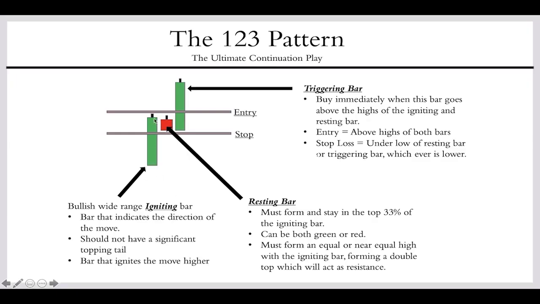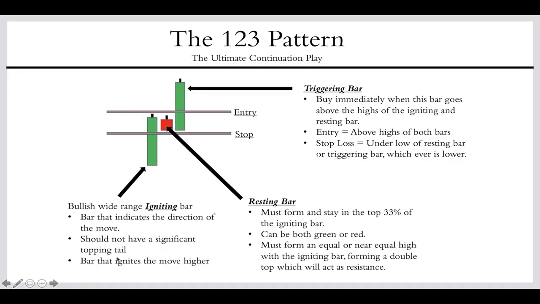We don't want to see a large wick or tail on this bullish igniting bar. The reason it's called an igniting bar is that it ignites the move higher. This is the first bar that is igniting the next move, so it's going to indicate the direction of the move. In this case, it's higher. It shouldn't have a significant topping tail.